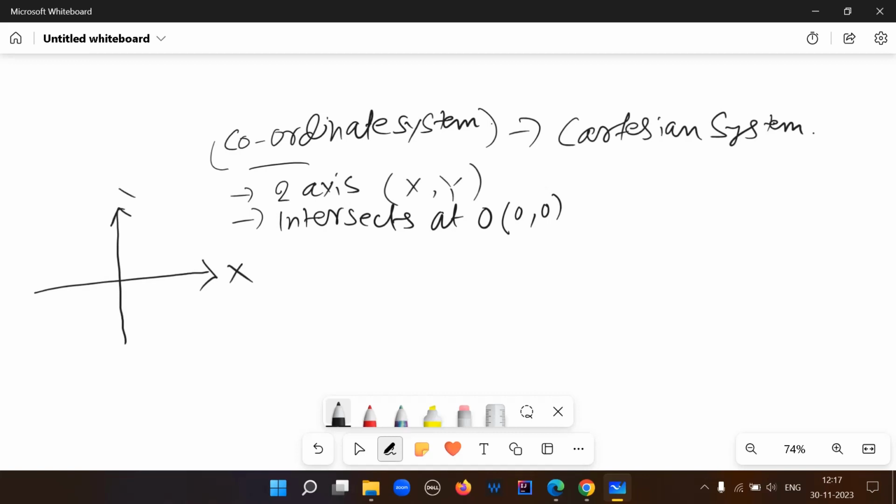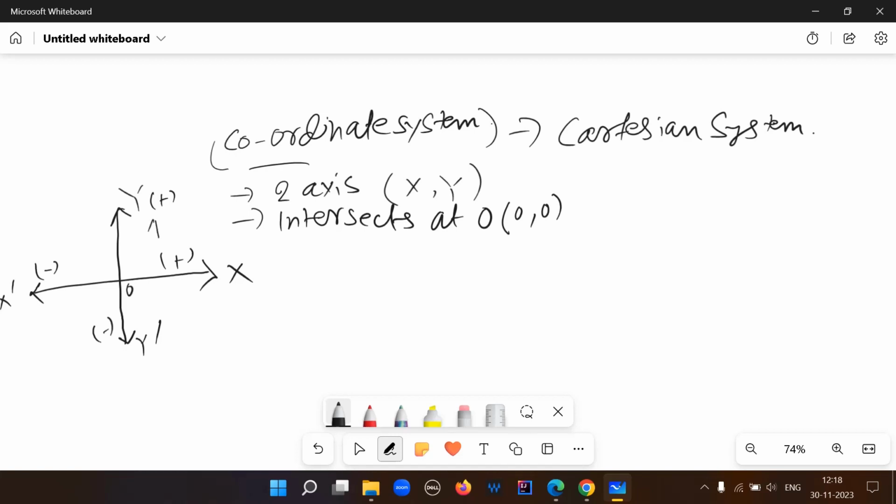Here it is the x-axis, here it is the y-axis. Here it is x dashed, and it is y dashed. It is the positive portion of the x-axis, and it is the negative portion of the x-axis. And it is the y-axis positive side, y plus, and y negative. And the intersecting point is 0.